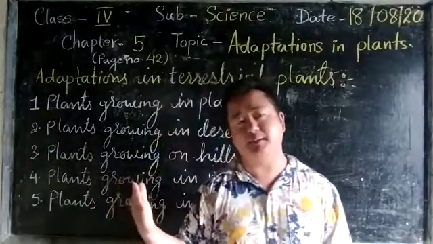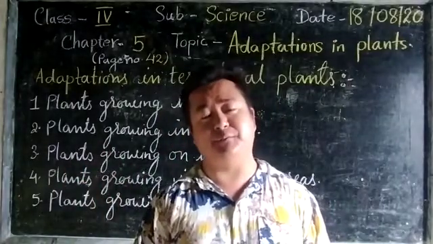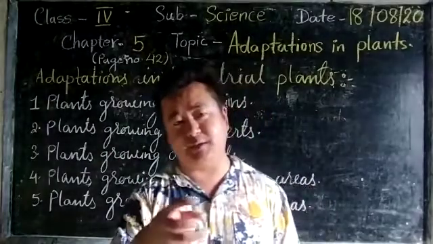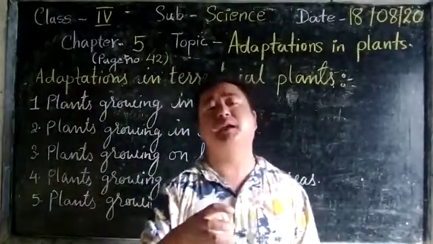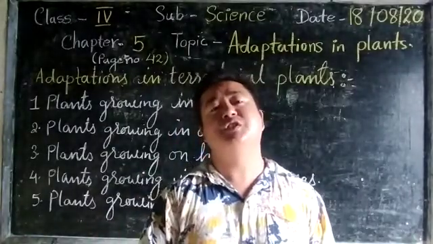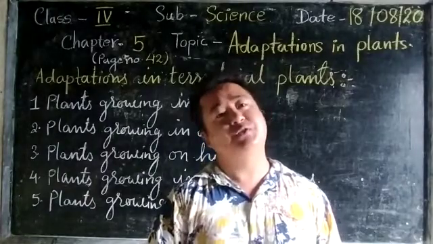And in the other part, there are plants that grow where there is heavy rainfall. This type of tree has a characteristic that they remain evergreen throughout the year. They do not shed their leaves, and they are known as evergreen trees.